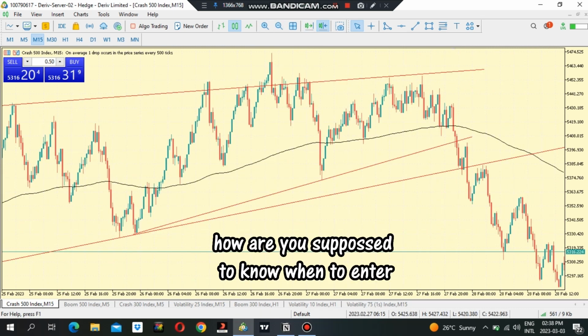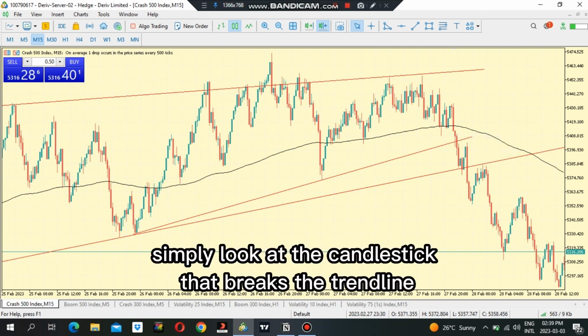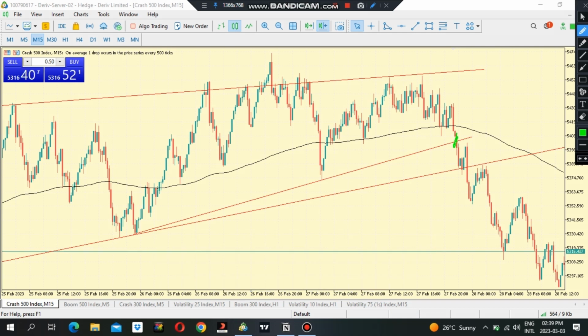Why? Because there's a further confirmation. So generally, how are you supposed to know if you're supposed to enter exactly soon after the breakout? You are just supposed to look at the candlesticks, the candlestick that breaks out through the trend line. As you can see, the candlestick that breaks out is this one, not the next one over there, because this one just retested.